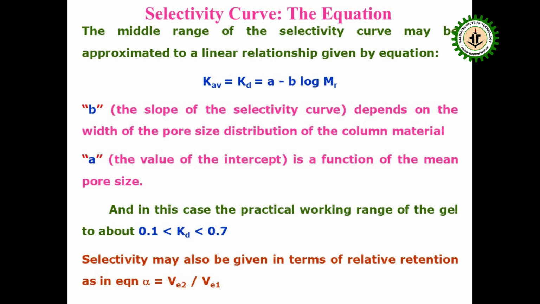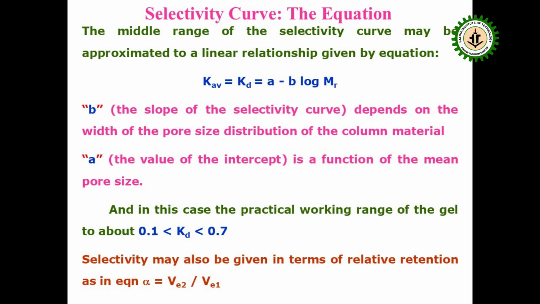The middle range of the selectivity curve may be approximated to a linear relationship given by the equation Kd or Kav equals A minus B log of molecular weight, where B, the slope of the selectivity curve, depends on the width of the pore size distribution of the column material, and A, the value of the intercept, is a function of the mean pore size. In this case, the practical working range of the gel is 0.1 to 0.7.